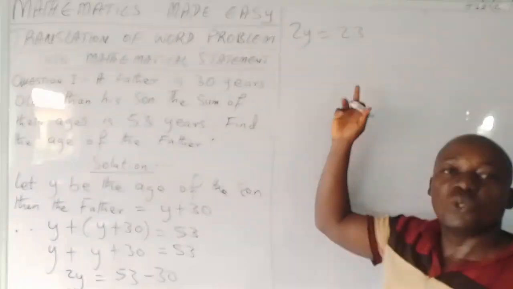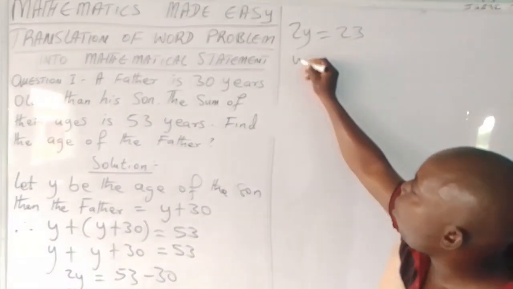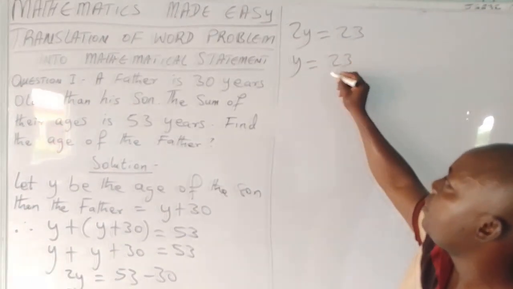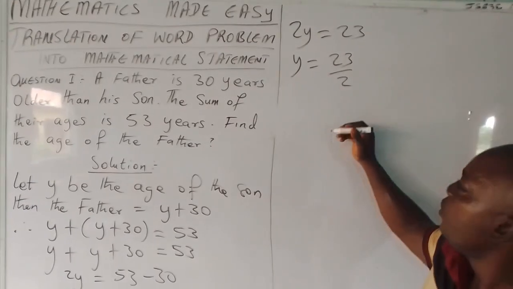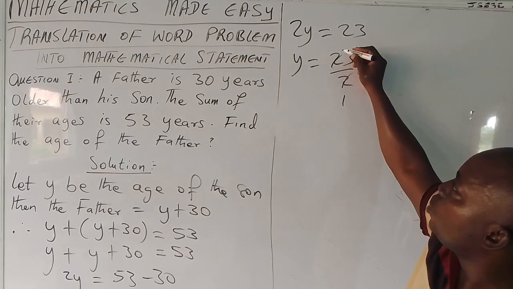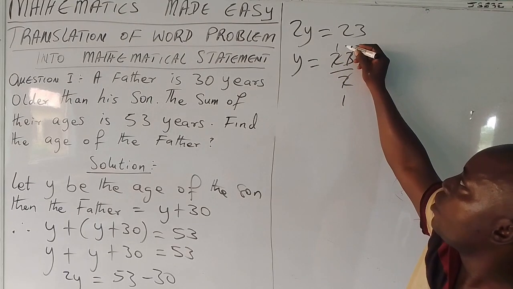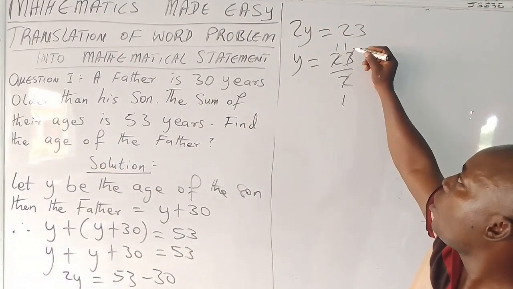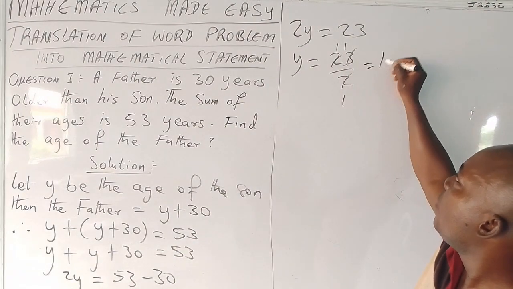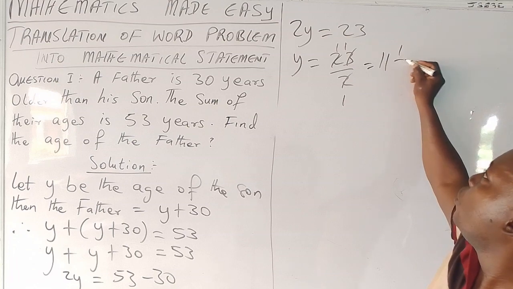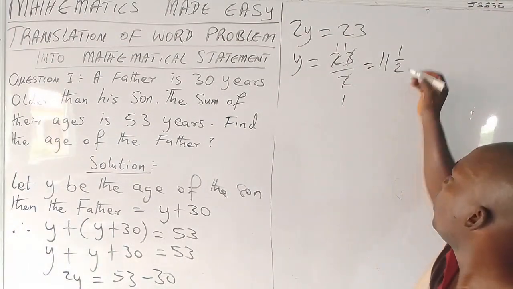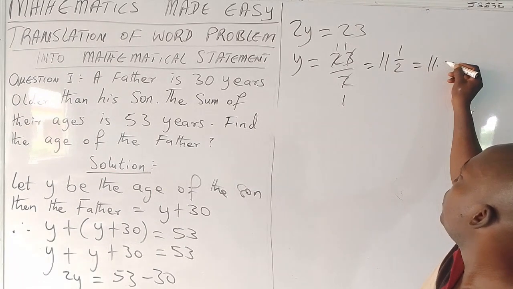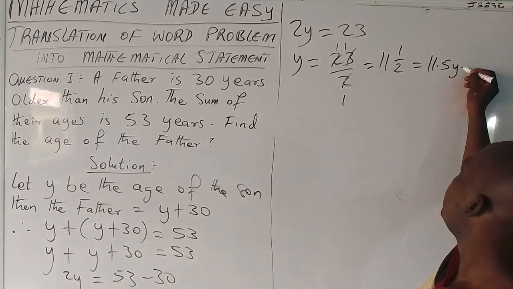If 2y is equal to 23, therefore y is equal to 23 divided by 2. 2 into 2 is 1, 2 into 3 is 1, remainder 1, which is 11 whole number and 1 over 2. 11 and a half years, or you can call it 11.5 years.